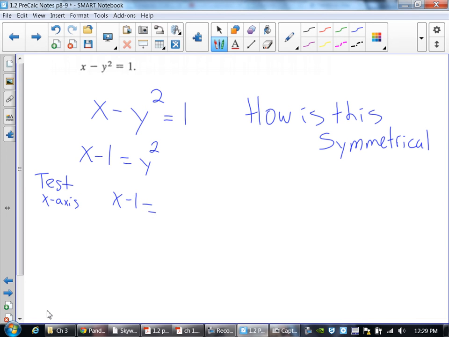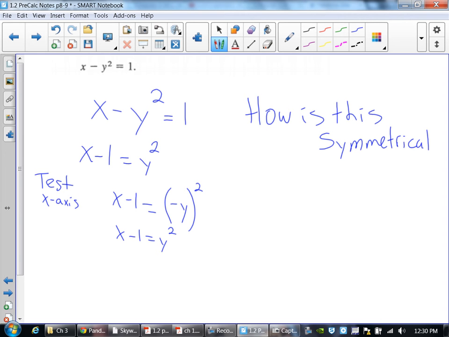Will that equal negative y squared? What's negative y squared? Positive y squared. So isn't this the same? Therefore, it's symmetrical about what axis? The x-axis. That's what you're doing. You're checking it real quick.